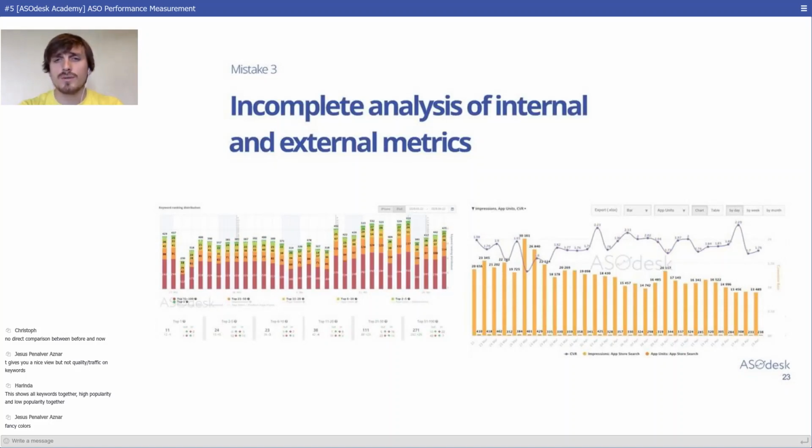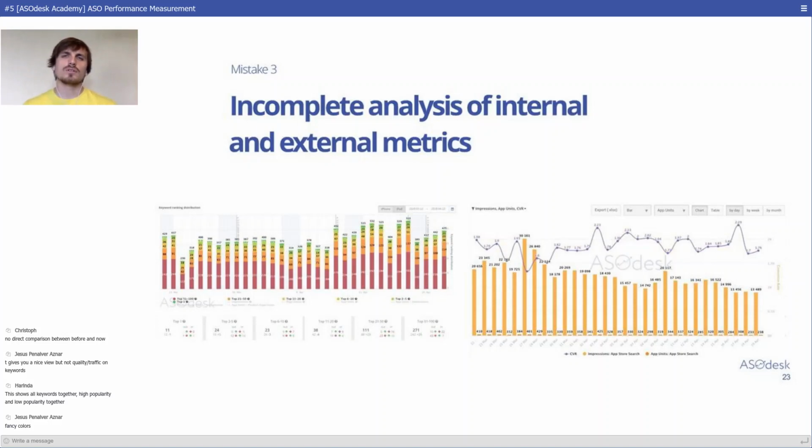Another mistake which I would like to point out is incomplete analysis of internal and external metrics. To do a proper measurement of ASO efficiency, we need to look at both the internal and external metrics. There is only one exception: when you are doing the first iteration for an app, the scope iteration, which we will be talking about in the next lecture, you don't care about the installs.